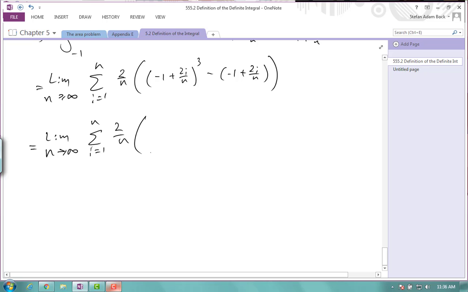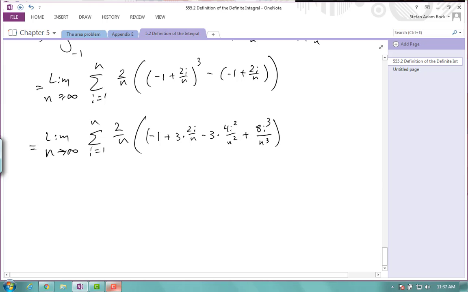So for this first one, we have some advantage with Pascal's triangle. I should get -1 plus 3 times 2i over n, minus 3 times 4i squared over n squared, plus 8i cubed over n cubed.